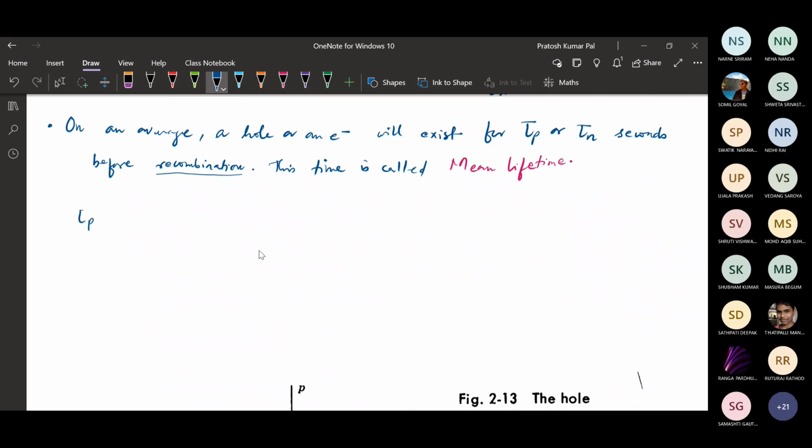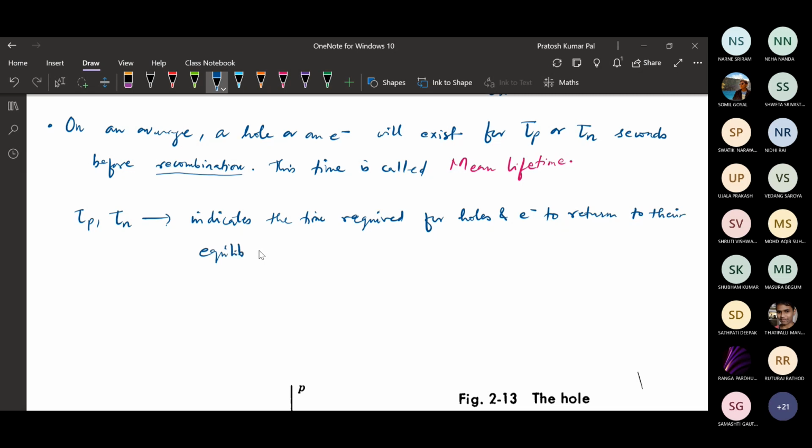So we can just write that tau n and tau p basically indicate the time required for holes and electrons to return to their equilibrium concentration.